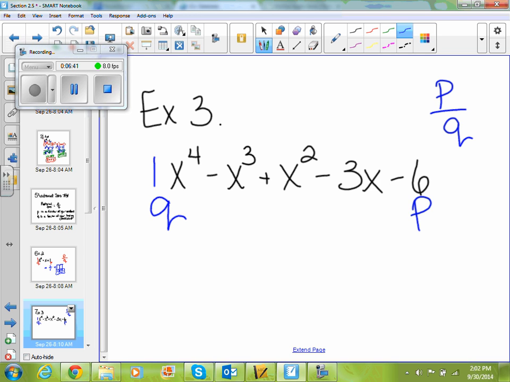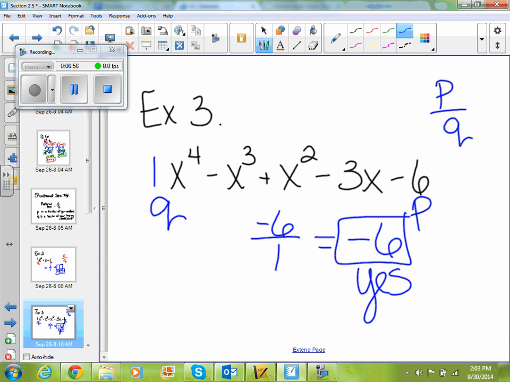So in this case, it's also, again, a 1. So p is negative 6. q is 1. And negative 6 divided by 1 gives me negative 6, which is indeed a rational number. So again, yes, I have rational zeros.